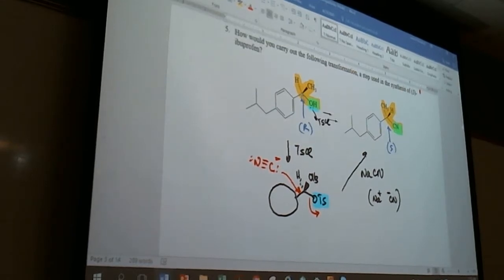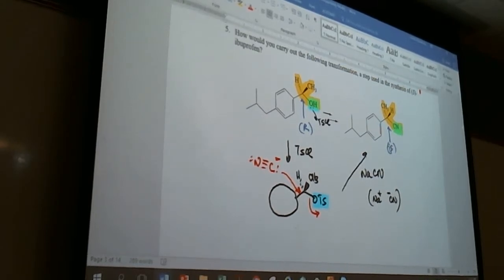So this was R, this is still R, right? But then once we've converted this into a good leaving group, I can come in with a nucleophile attack from the back. That will invert configuration because this is an SN2 reaction. And then I end up with the opposite stereochemistry. Starting with R, this is now S, right?